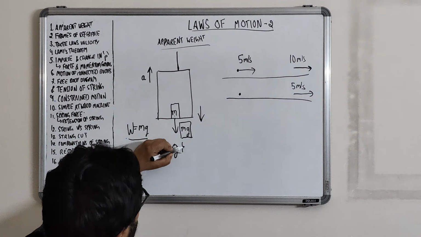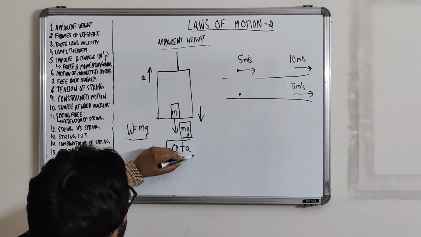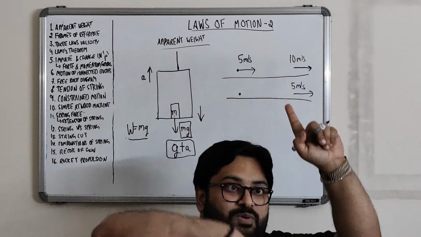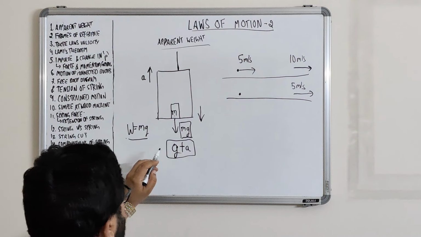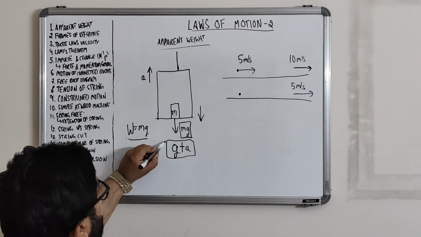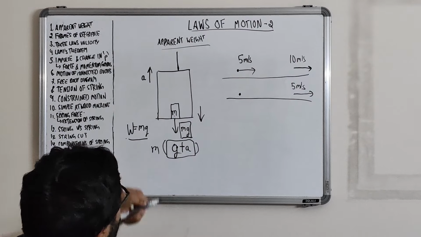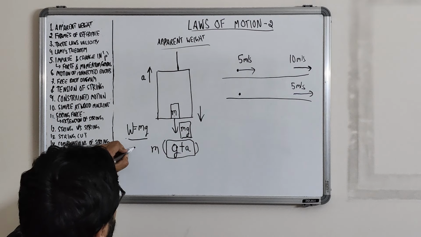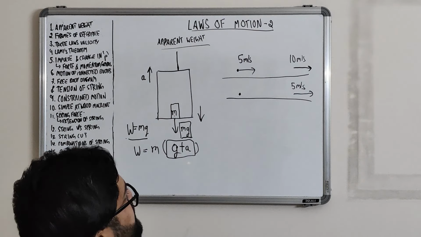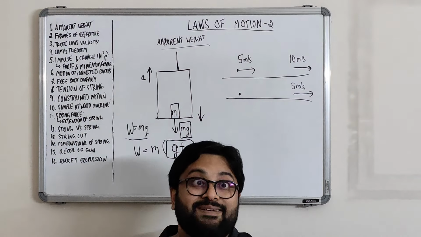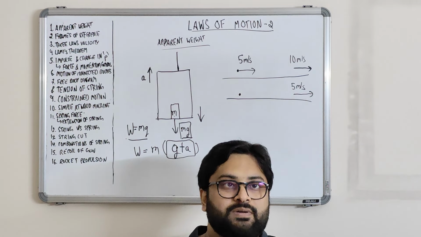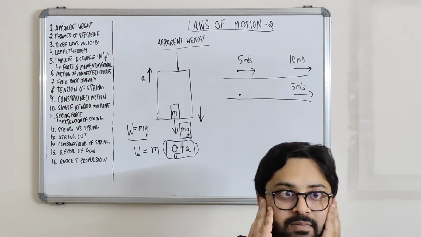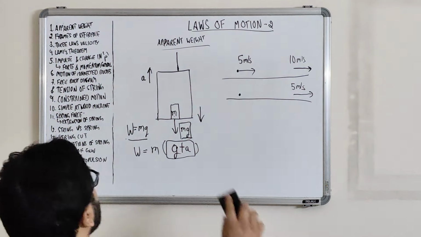So that acceleration automatically gets added because you are moving in opposite directions. And your mass is m. So apparent weight is more of the concept of relative acceleration, nothing more. Keep that in mind whenever you're solving questions.